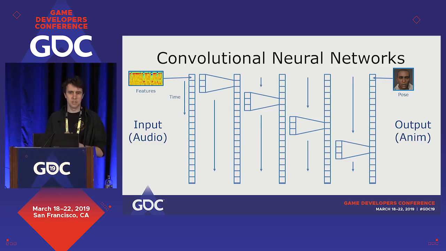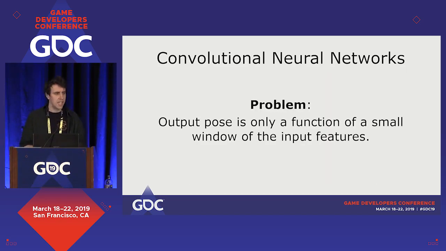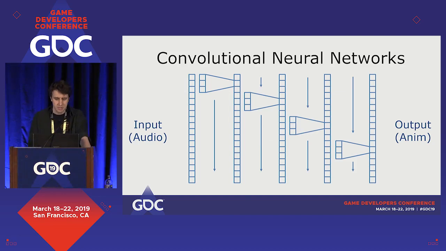So if you do this with a normal CNN, there are some problems. So the first problem is that the output pose you get is only a function of a small window of input features. I'll explain what this means. So if we look at our diagram here, and we look at this pose here, we can try and see which neurons in the different layers contributed to computing this pose. So we can trace it back like this.